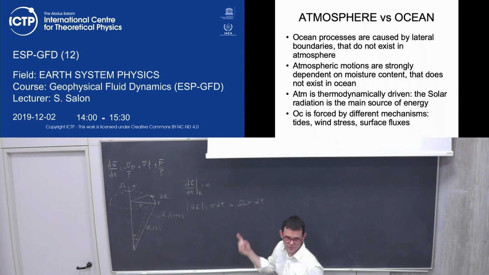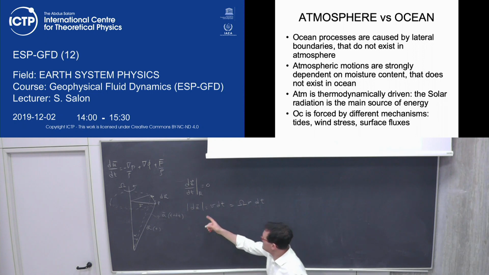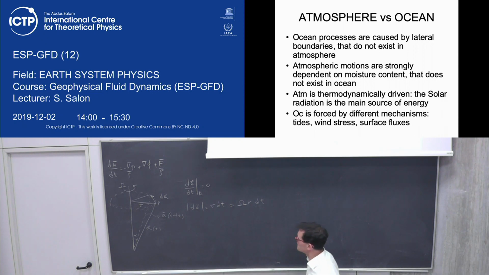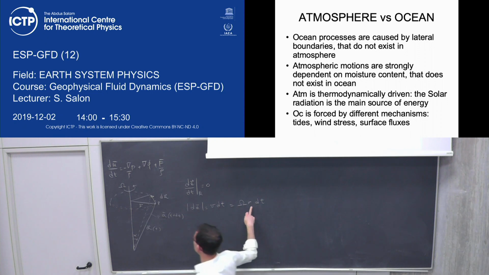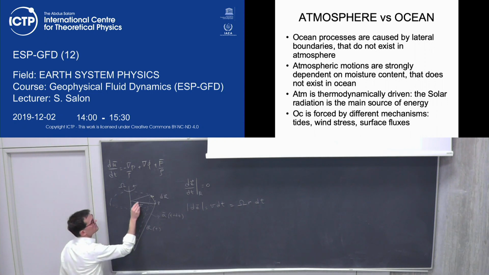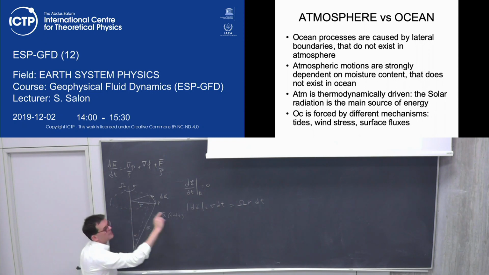So this is from your very initial class of physics. Uniform circular motion: tangential velocity is equal to the rotation rate multiplied by the radius. Of course, if I am here, the radius will be shorter, so my velocity will be smaller.